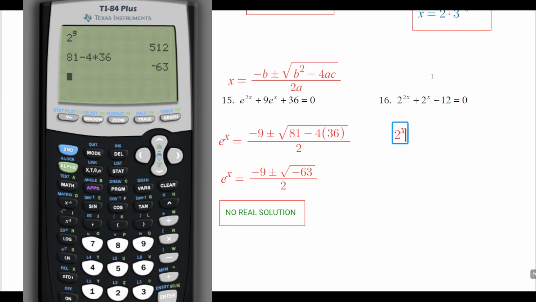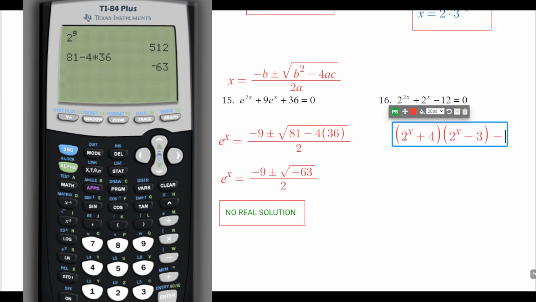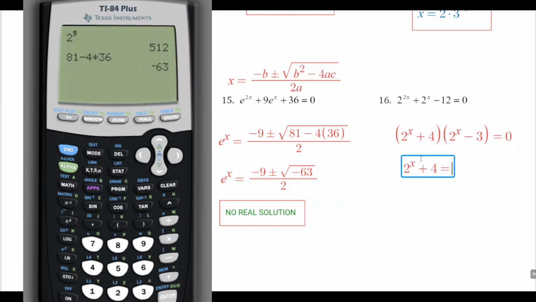Let's see, two numbers that multiply to give me negative 12, add up to 1, would be 4 and negative 3. So we get 2 to the x plus 4 equals 0, or 2 to the x minus 3 equals 0.